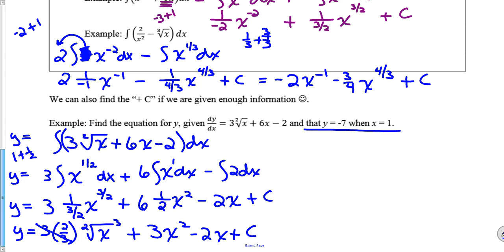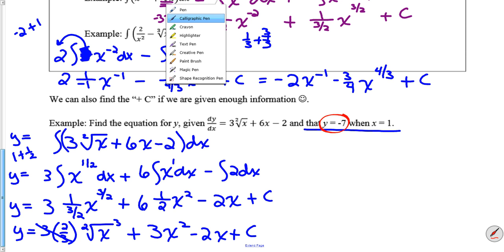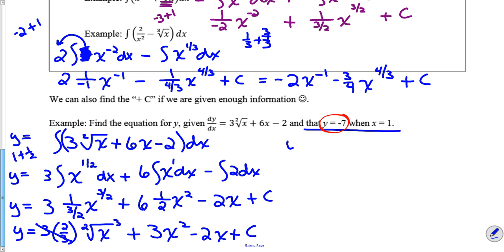So now I'm going to start plugging things in. I know that y is negative 7. My negative 7 is going to be equal to, then I have 2 times the square root of my x.